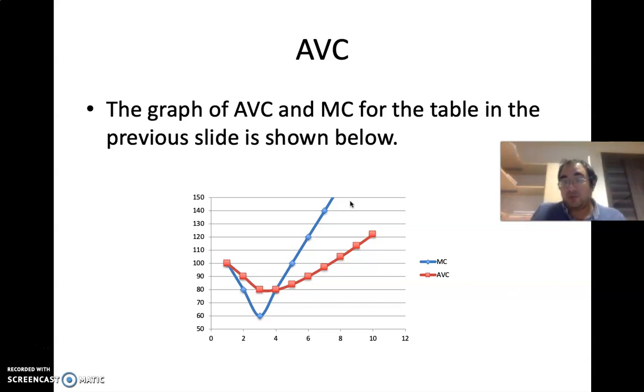You are on the left of someone, but you are pushing the person to the right. When you pull someone, you are at the left and you are pulling them to the left. So marginal cost always pulls the average variable cost towards itself. If it is below, it is pulling it down. If it is above, it is pulling it up, basically.